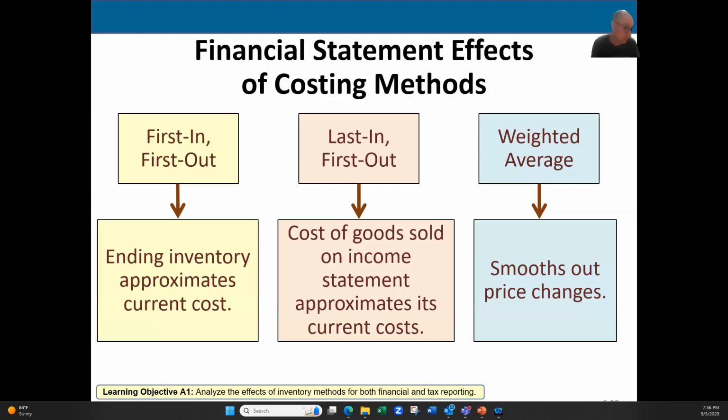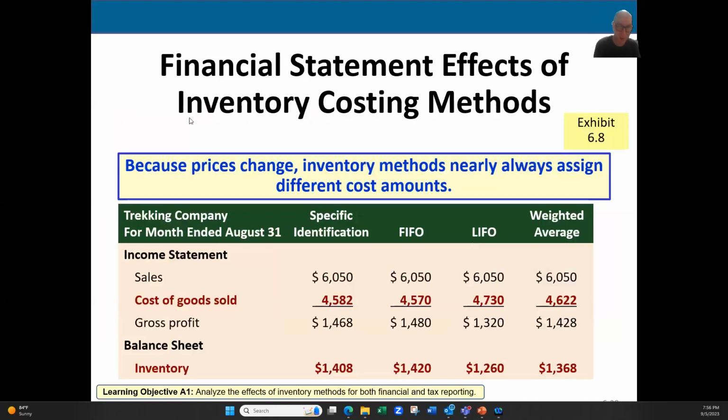First in, first out, the ending inventory is about the closest approximation to its actual or current cost. Last in, first out, the cost of goods sold on the income statement approximates the current cost. And the weighted average smooths it all out. It averages it. That's the way I like to think about it.